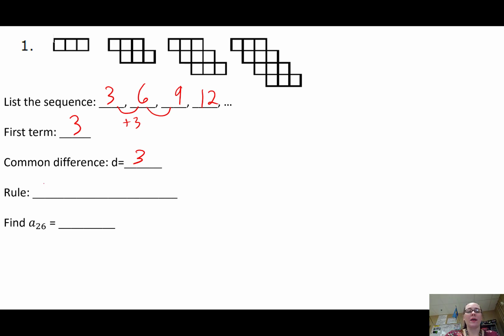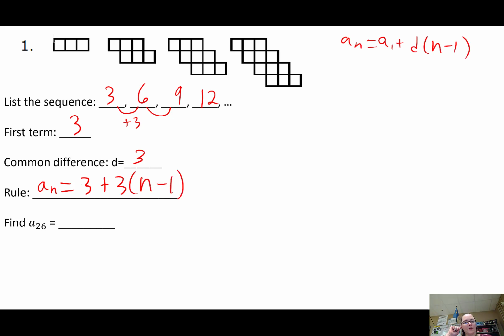So my rule, or my equation, would be a sub n is equal to 3 plus 3, right? Because remember, it's a sub n equal to a sub 1 plus d times n minus 1. So all I did was plug in the given information.